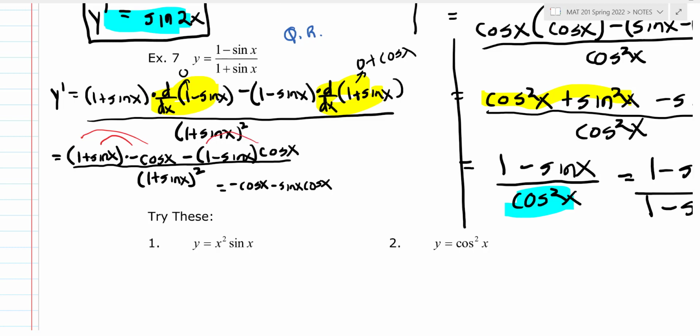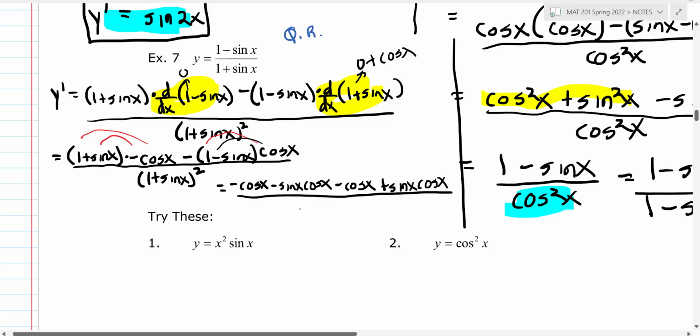So that's negative cosine x. Then I've got this negative negative, so that will be plus sine x cosine x, all over 1 plus sine x squared. Now you want to leave that denominator alone because you always want that denominator to be in a factored form. So it looks like what happens in this problem is we end up getting this.